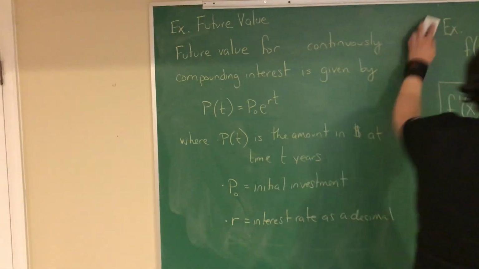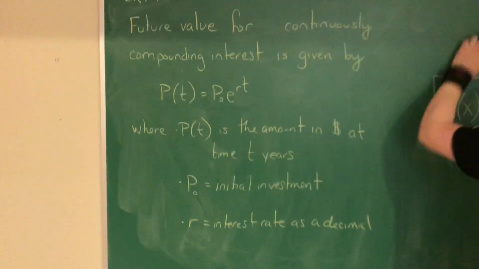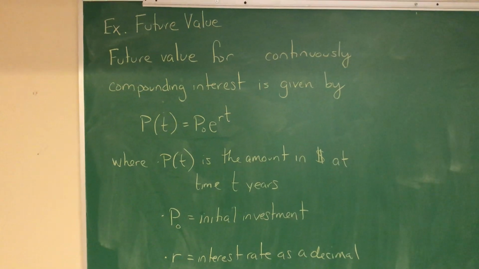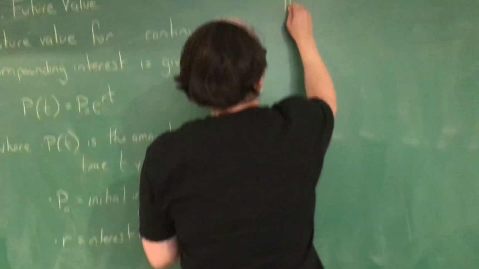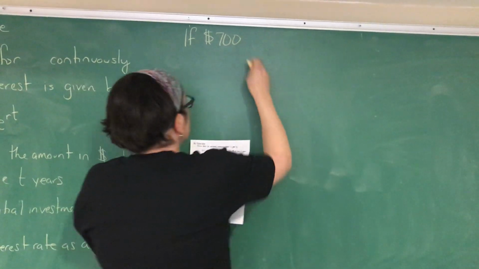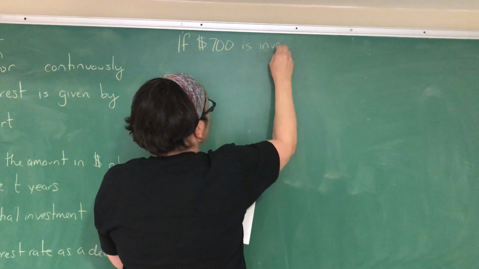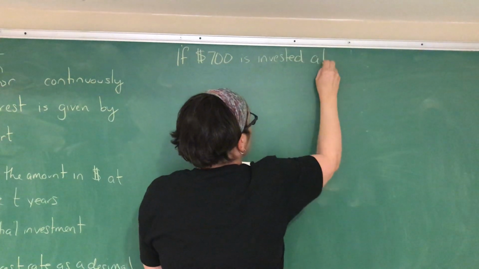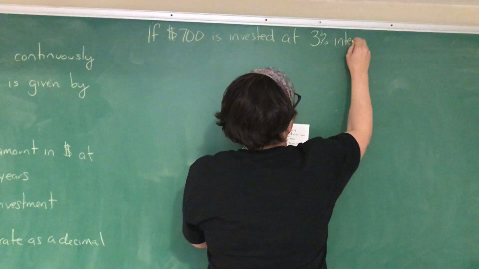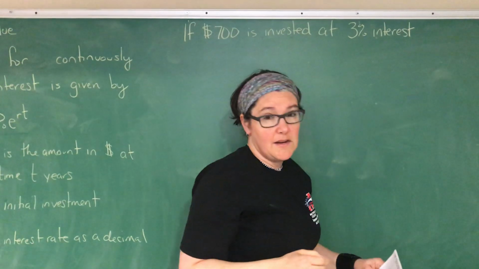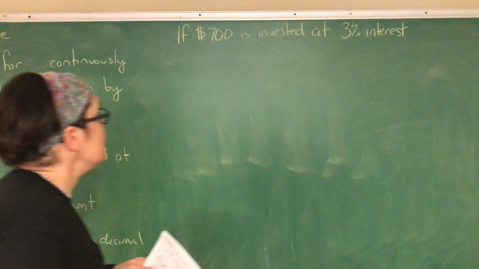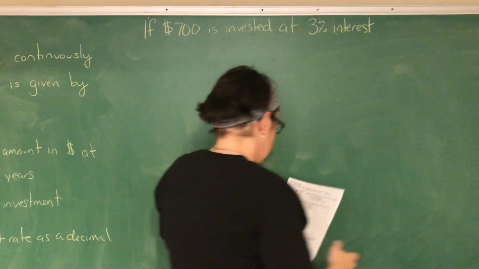So what is our question for this particular example? If $700 is invested at 3% interest, that is not a reasonable interest for this current time period, but we're going to go with it. So $700 is invested at 3% interest.